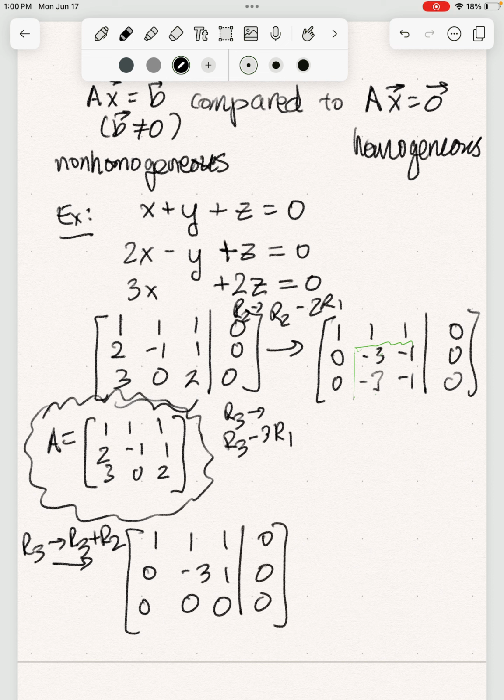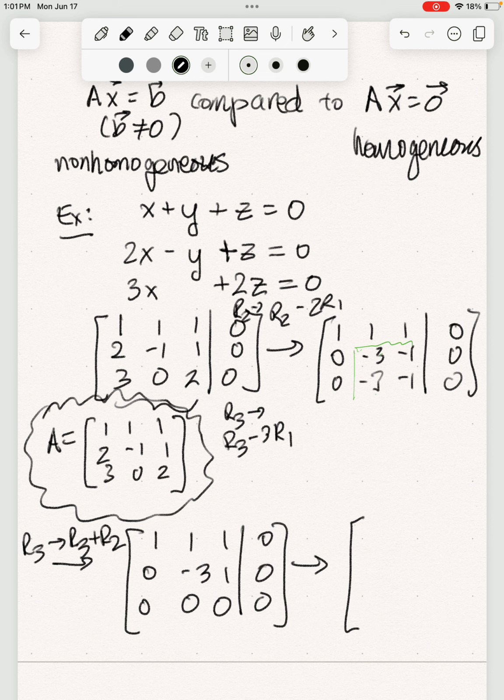Now my matrix A is not A anymore, it's the echelon form of A. We could do back substitution by writing out the equations, but let's get it to reduced row echelon form. So let's make all the pivots 1.